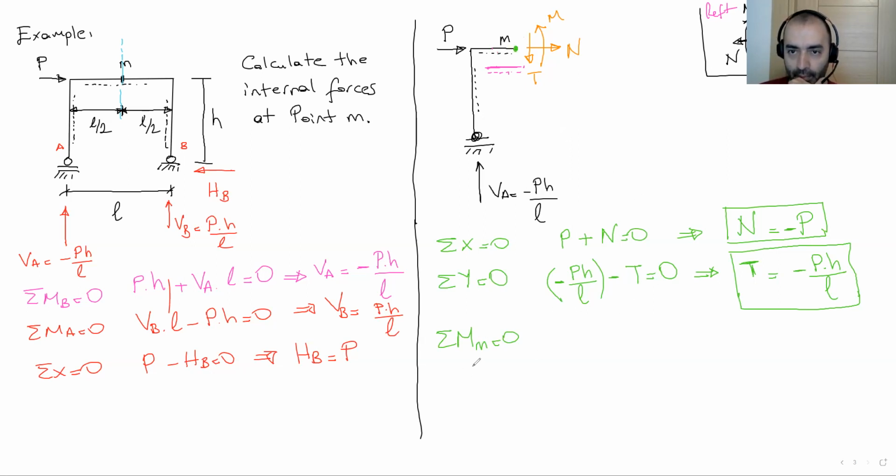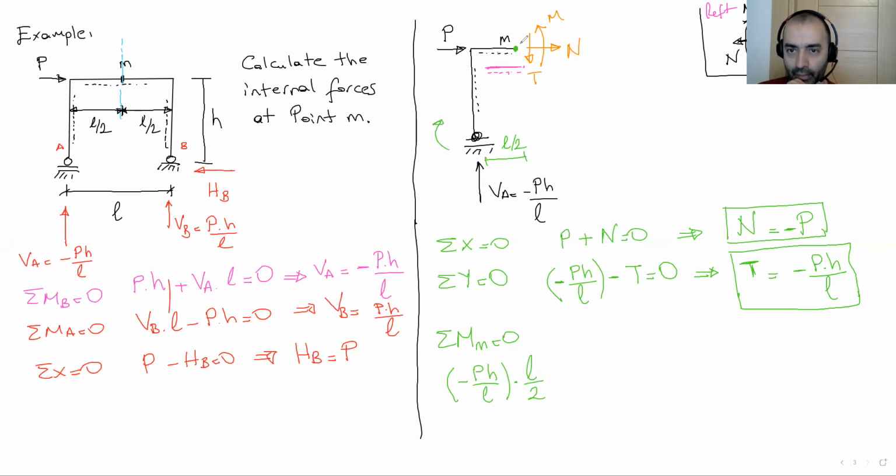Let's write the total M. I have a moment here, this is the rotation point, vertical A times distance. The distance is L/2, remember. Let's write the equation here. Minus PH/L times L/2. Okay. This turns the system in this direction.